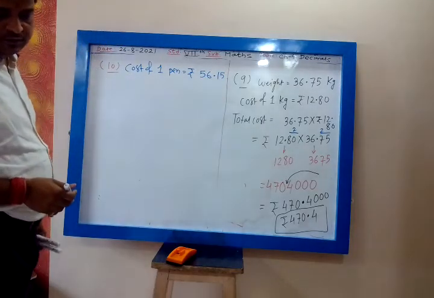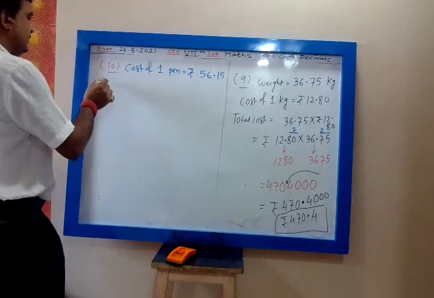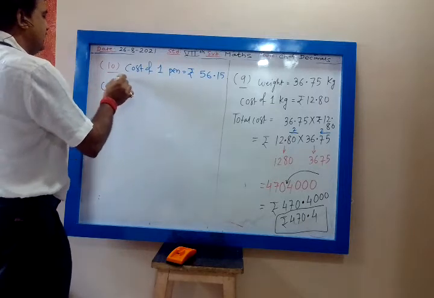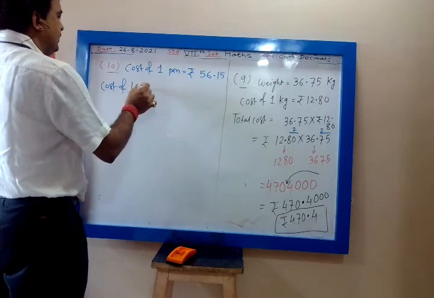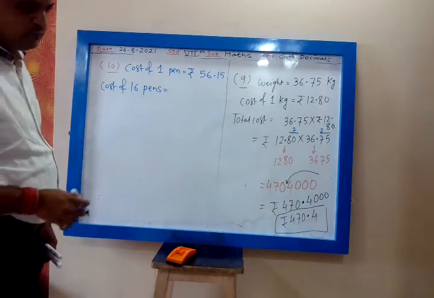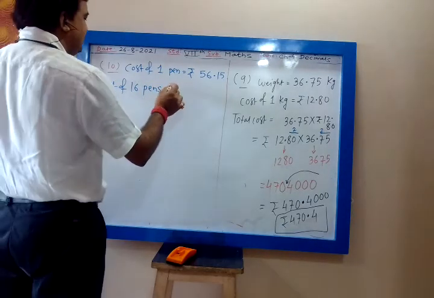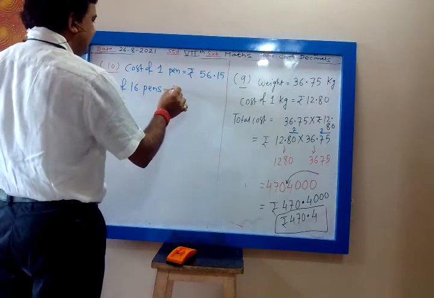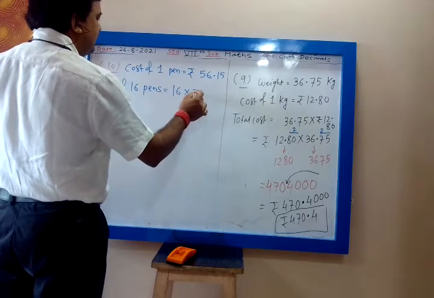Find the cost of 16 such pens. So cost of 16 pens is equal to 16 multiplied by 56.15.